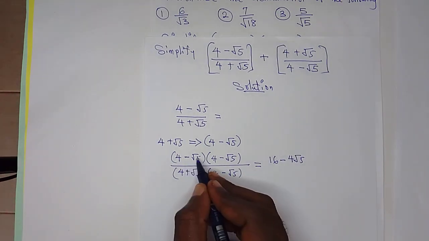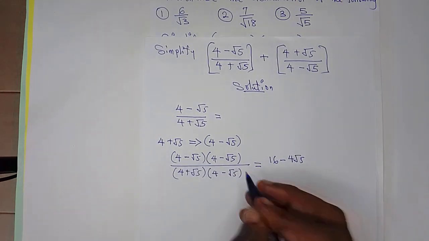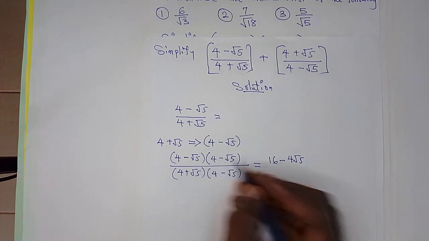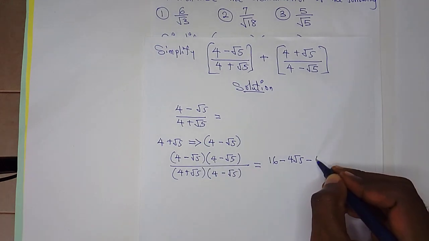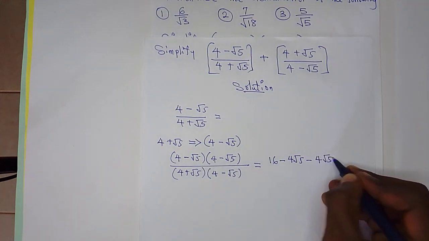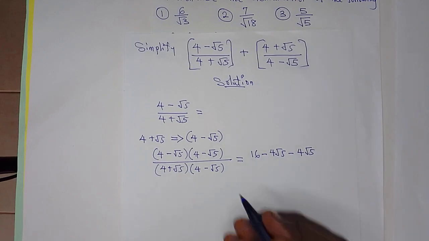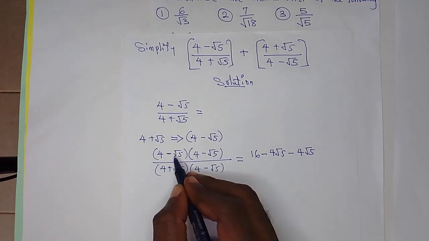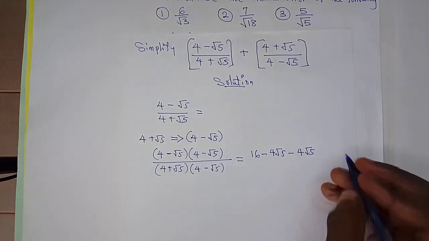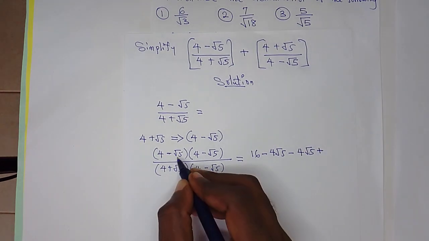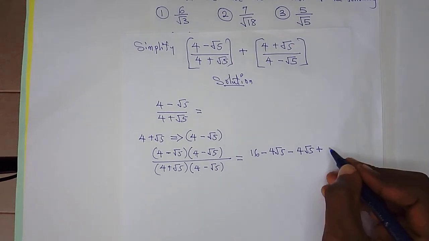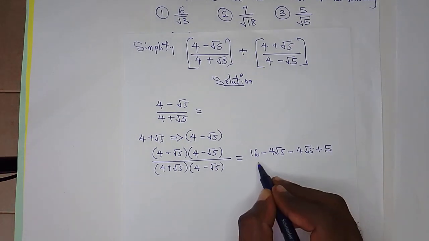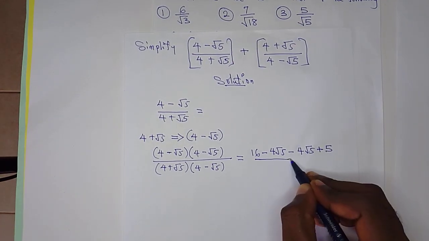Then this negative root 5 times this 4, that's negative root 5 times 4. That will give us negative 4 root 5. Then negative root 5 times negative root 5. You know, minus times minus is plus. So root 5 times root 5, that will give us 5. So we can say all over.